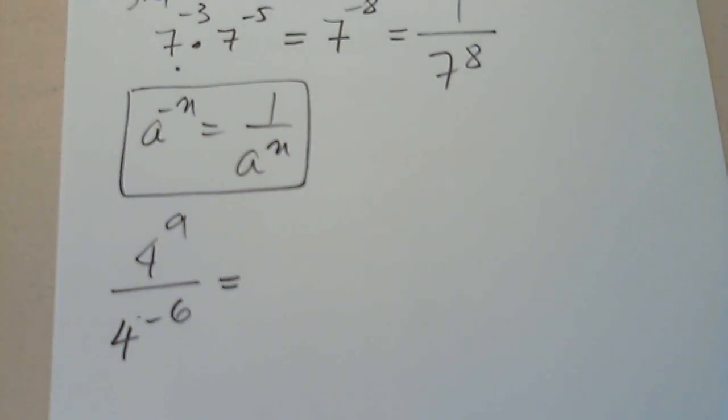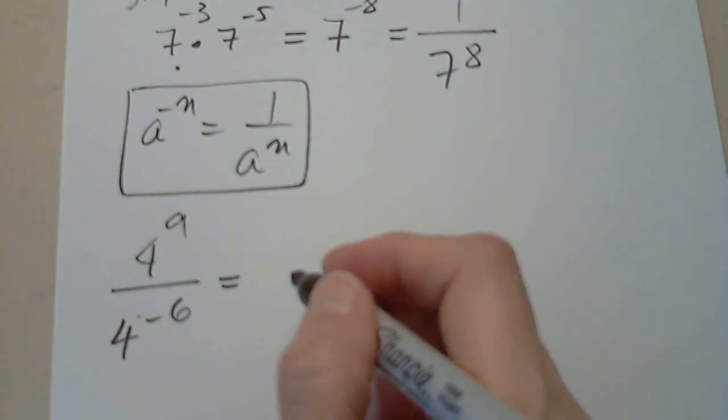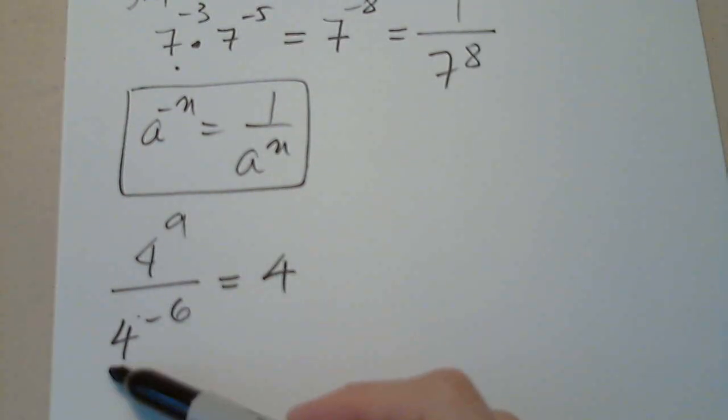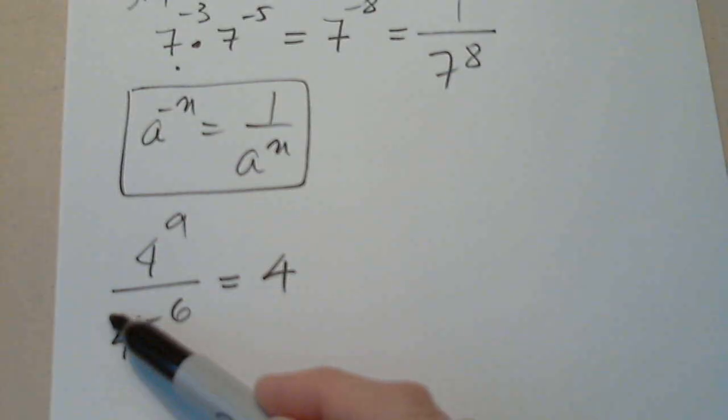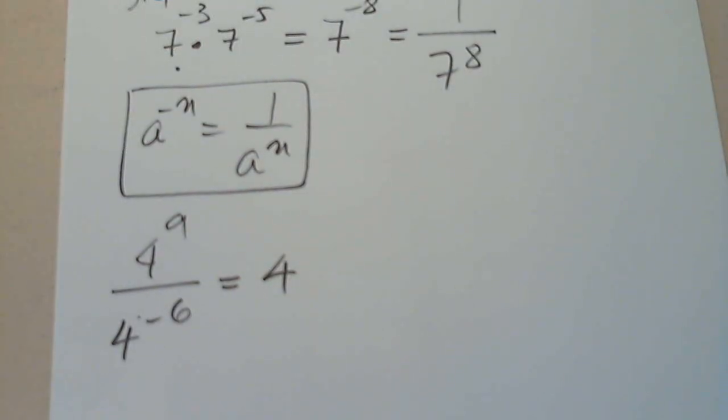4 to the 9th over 4 to negative 6. Can anyone tell us the rule that we apply here? We copy the base. What happens with the exponents? Again, we cannot divide them if they don't have the same base. Luckily, they do.